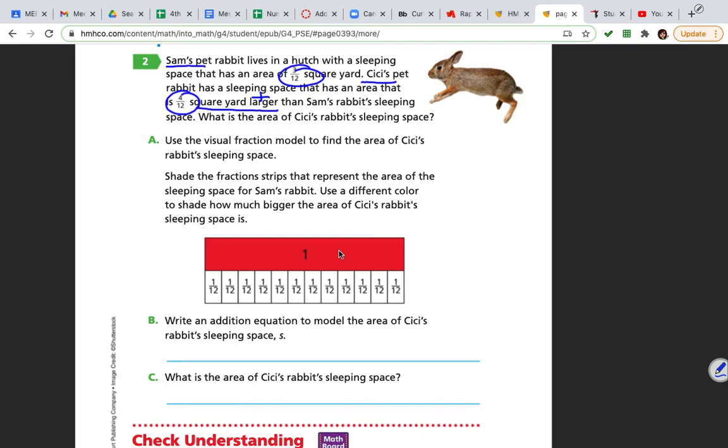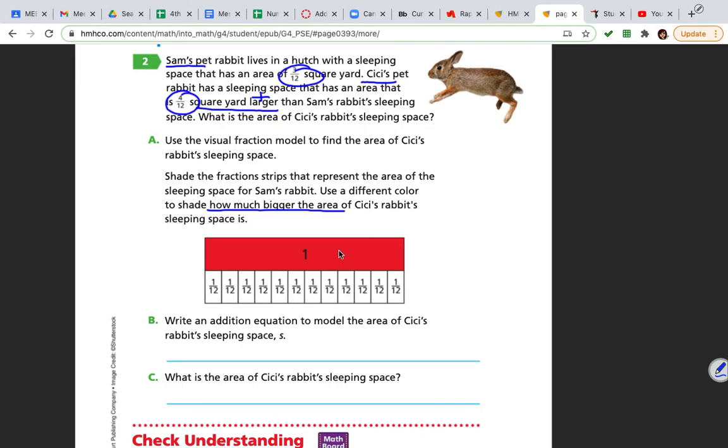Shade the fraction strips that represent the area of the sleeping space for Sam's rabbit. So Sam's rabbit has 3/12 sleeping space. Use a different color to shade how much bigger the area of Cece's rabbit's sleeping space is.